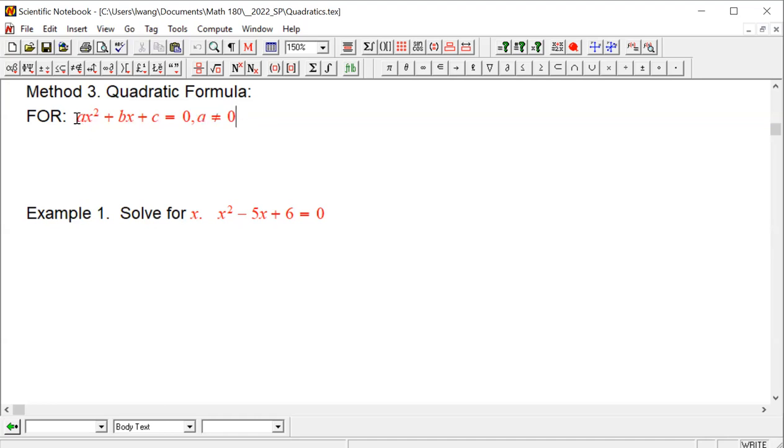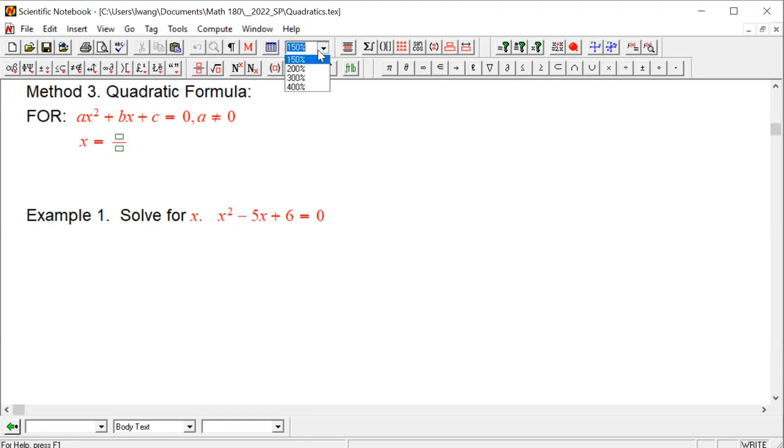On this equation, one side is 0, so you must have 0. And secondly, you have to identify the parameters a, b, c. So x is going to equal what?